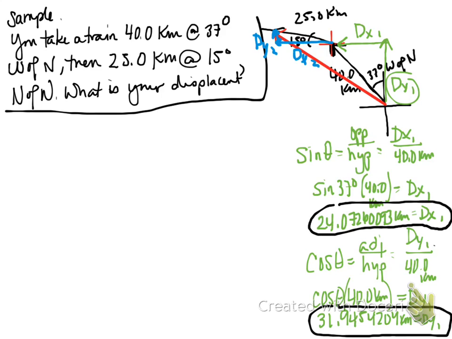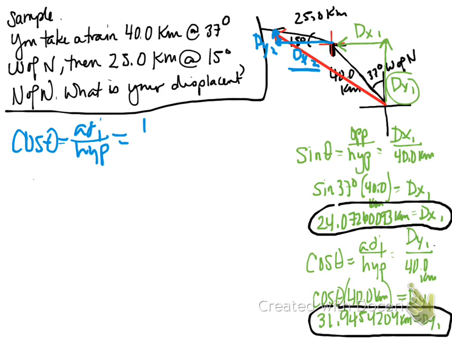Okay, so we have our 15-degree angle. We have our hypotenuse of 25, and now we want to find out what our x displacement is. So we've got an adjacent, and we've got an angle and a hypotenuse. What would be our trig function? We're doing dx2. So the adjacent, so we would use cosine. We know cosine of theta equals adjacent over hypotenuse.